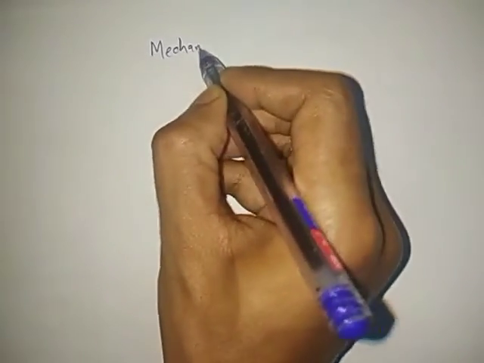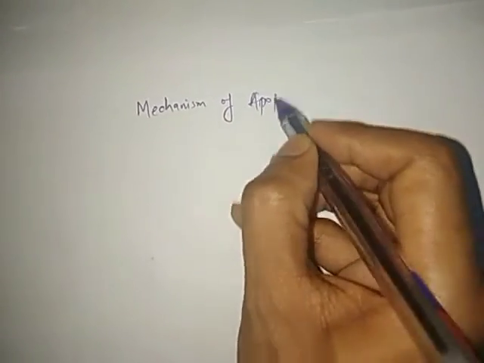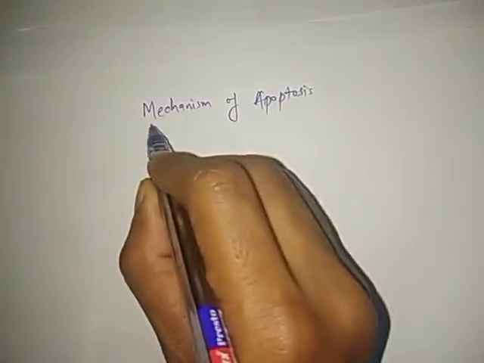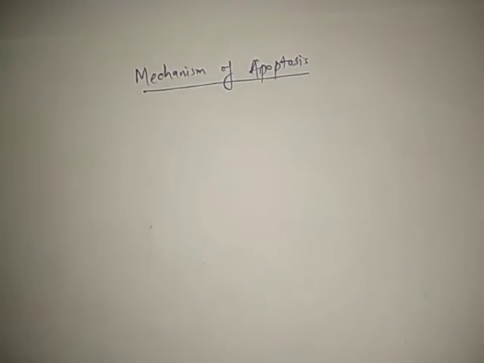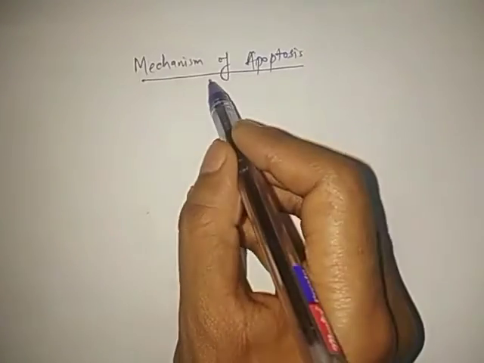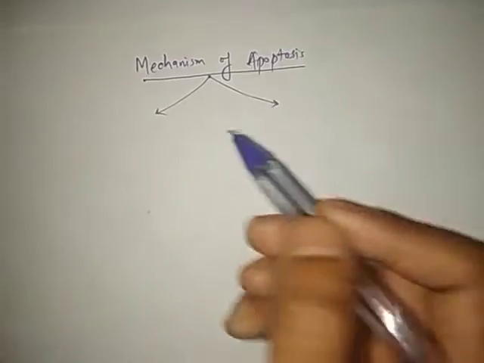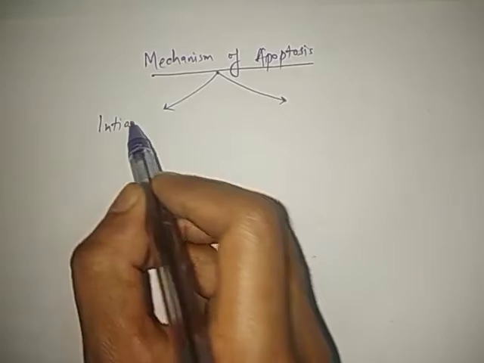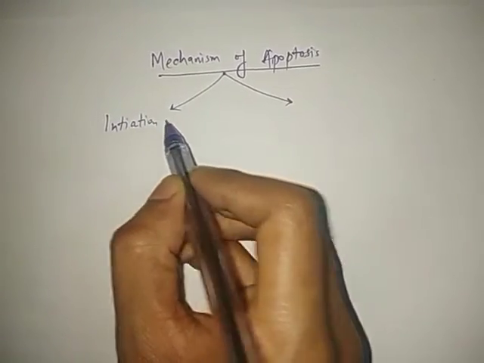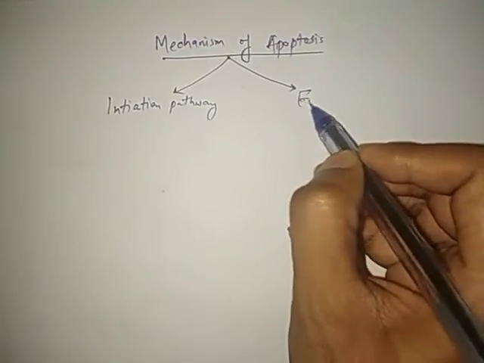Now we will study the mechanism of apoptosis. How does apoptosis occur? To understand the mechanism of apoptosis, you should know that there are basically two pathways for apoptosis to occur. One pathway is called the initiation pathway, and the other is the execution pathway.